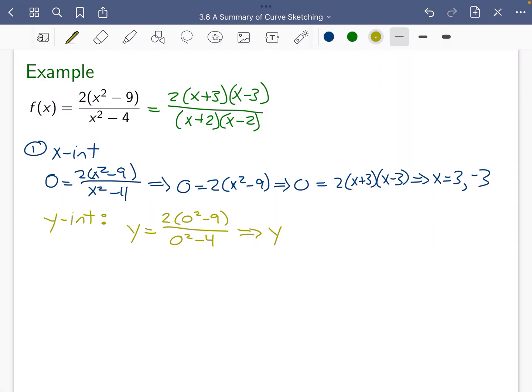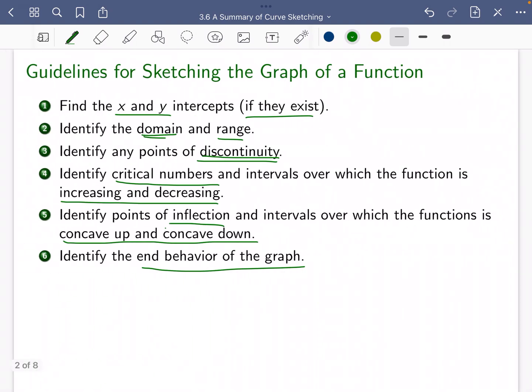And if we solve that, we end up with y is equal to negative 18 over negative 4, which is 9/2. So y equals 9/2. That is our y-intercept. Right? So that's the first step in our process, right? So we identify the x and y intercepts. Then we are going to identify the domain.